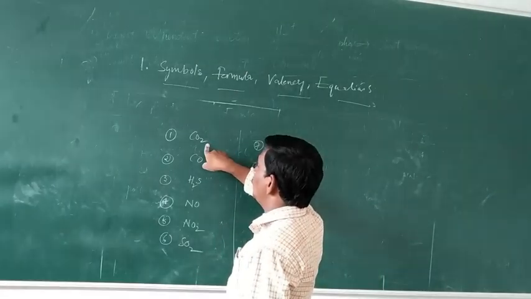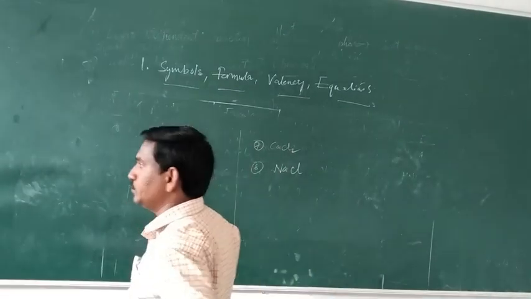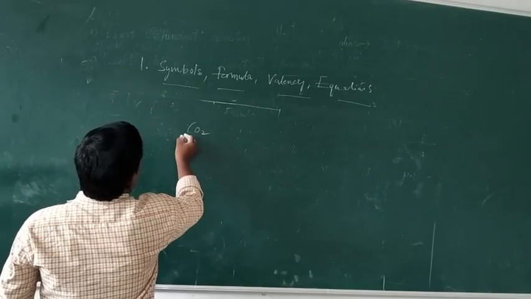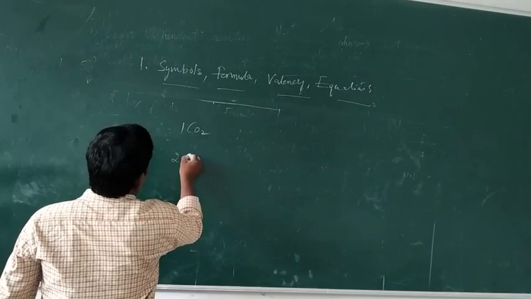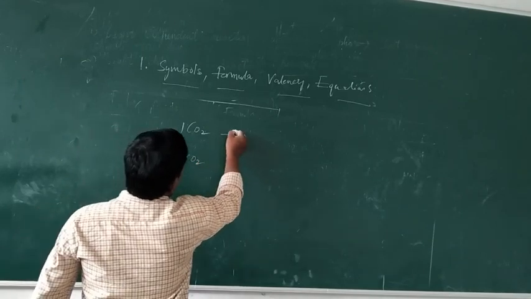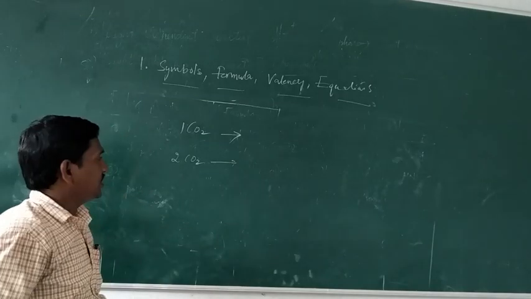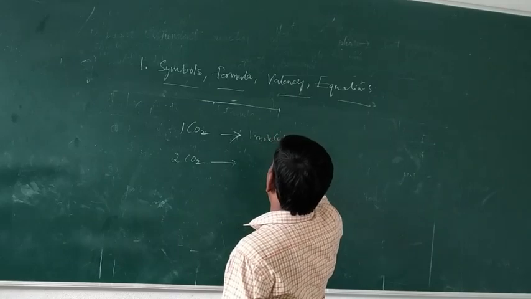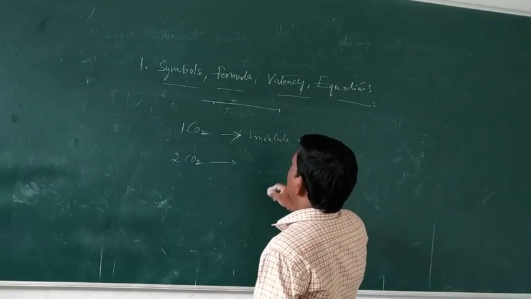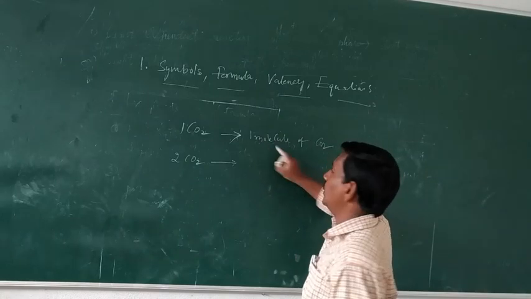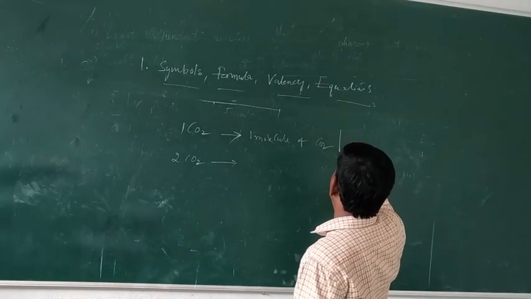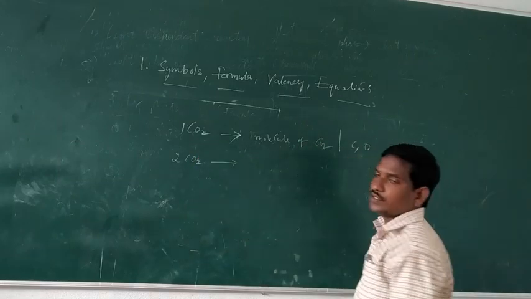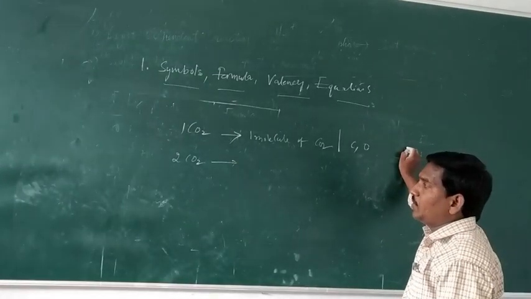So in CO2, one CO2 or two CO2. CO2 is a compound. One molecule of CO2. Here, which elements are there? Carbon and oxygen are the elements. How many atoms of carbon are there? Only one carbon atom.